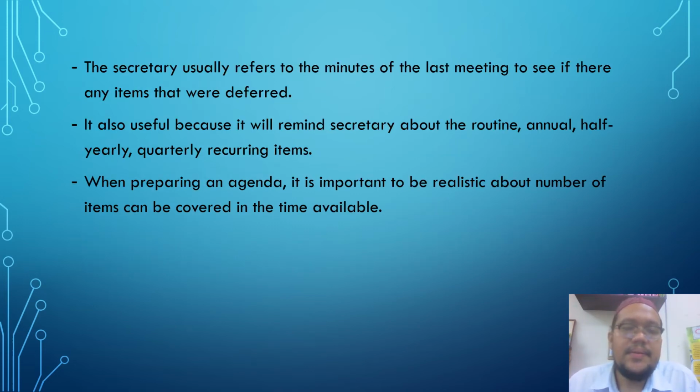Okay, the secretary must usually refer to the minutes of the last meeting to see if there are any items that were deferred. Deferred means that it was postponed, that it's not settled, and she or he wants to bring it to the next meeting. It is also useful because it will remind the secretary about the routine or annual or half-yearly, quarterly, recurring items.